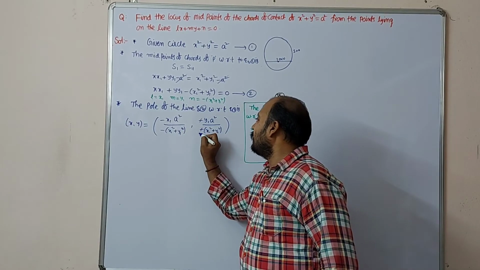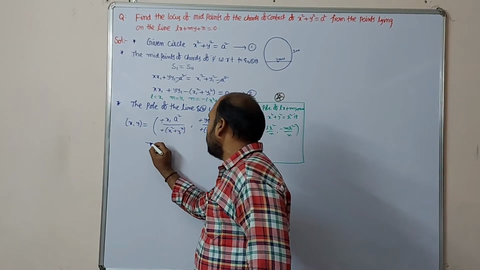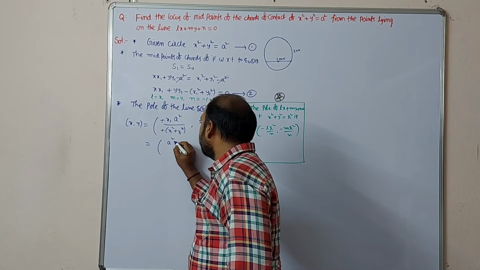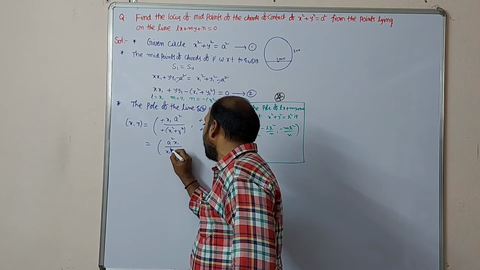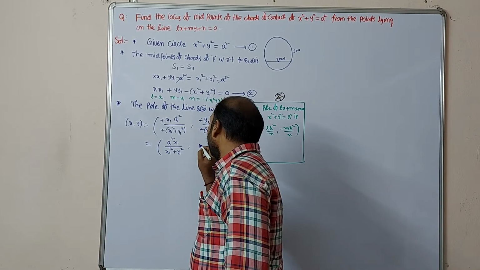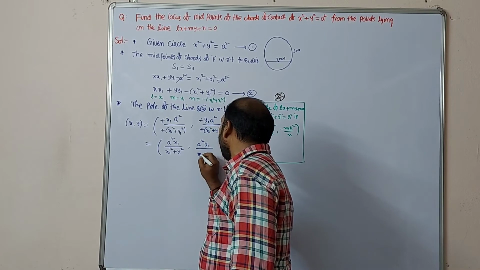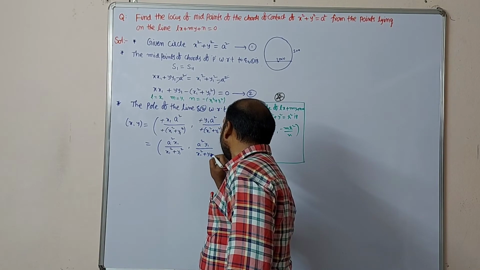So here minus gets cancelled. We will get it as a square x1 by x1 square plus y1 square, comma a square y1 by x1 square plus y1 square.